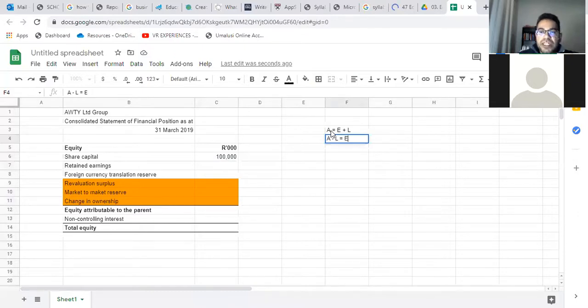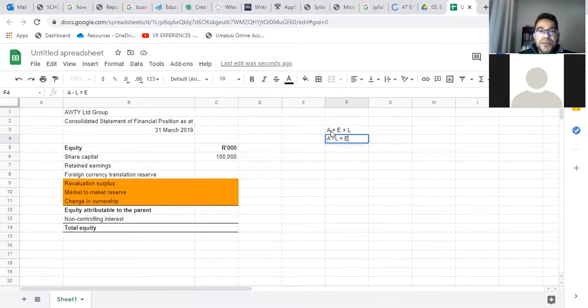When we do consolidation, we bring 100% of the subsidiary's assets, liabilities, income and expenses onto our books. So on the statement of financial position, the assets represent 100% of the subsidiary, and the liabilities represent 100% of the subsidiary.